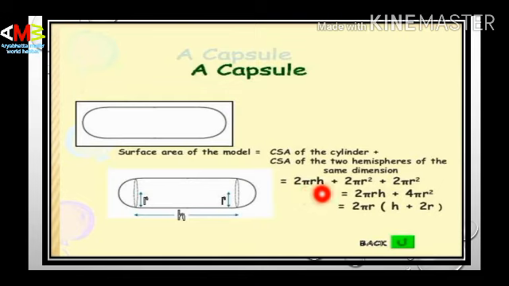CSA of cylinder is 2 pi r h, plus one hemisphere CSA is 2 pi r square, another hemisphere is 2 pi r square, therefore 2 pi r h plus 4 pi r square. Common is 2 pi r, remove it, what is left is h plus 2 r. This is the formula for the capsule, 2 pi r bracket complete h plus 2 r bracket complete.